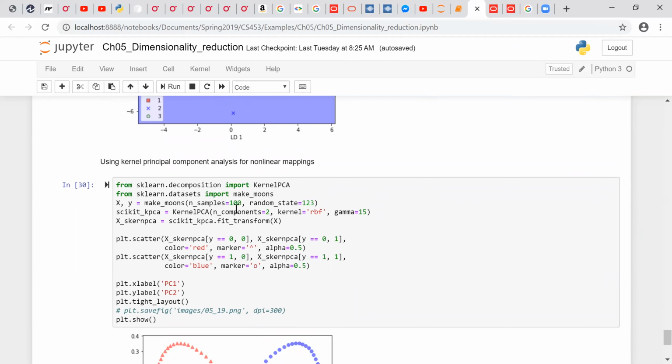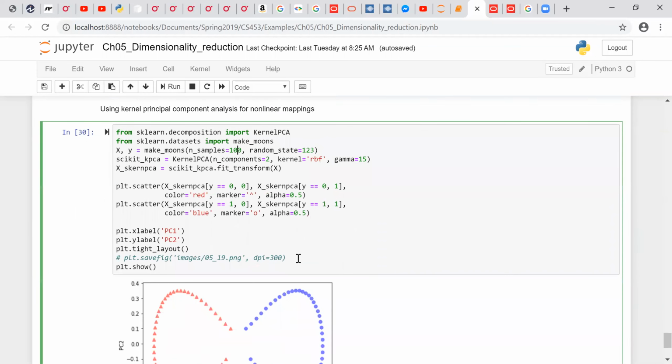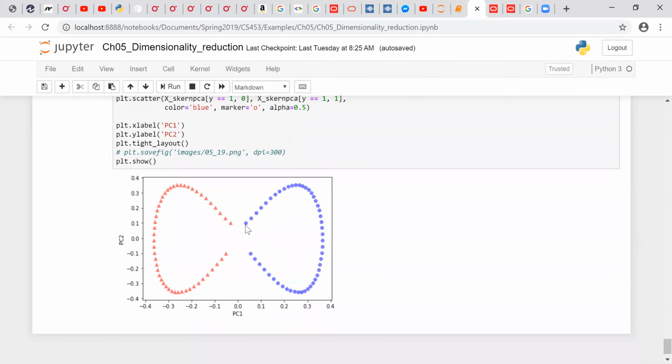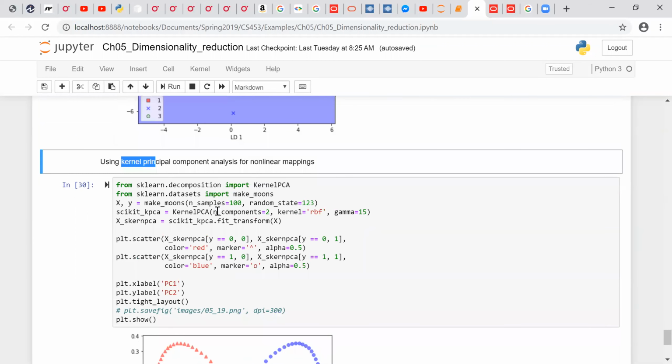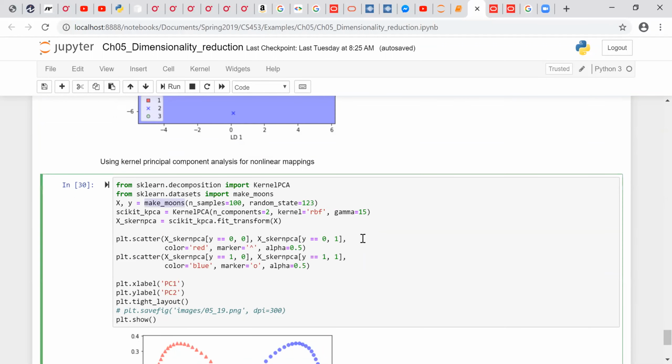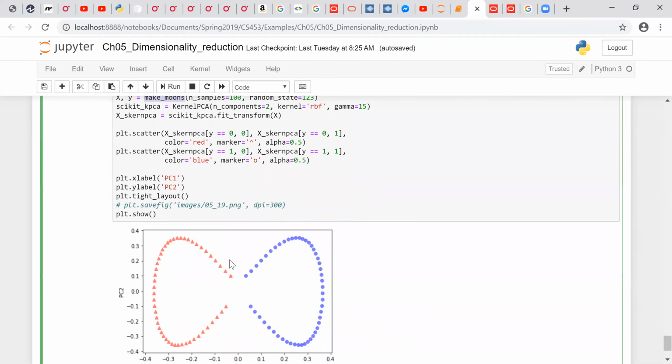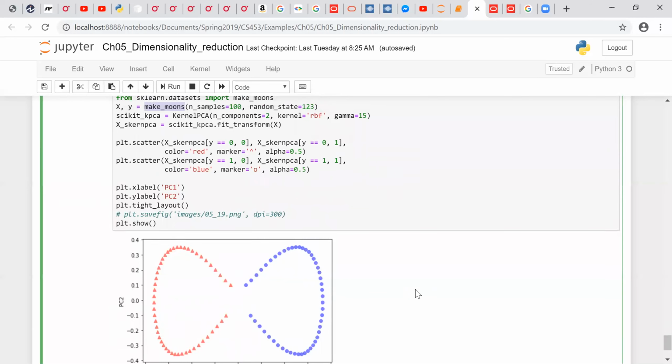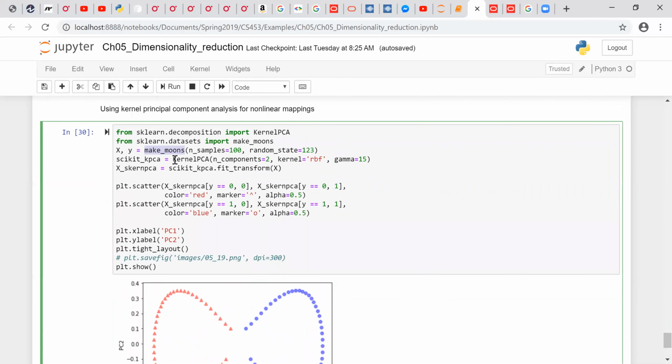And the last one shows using a kernel, because in some cases, if you take a look at this kind of data, like 2-moon style data, if you want to apply a linear way to do it, it's hard. So over here, it applies kernel PCA, okay?